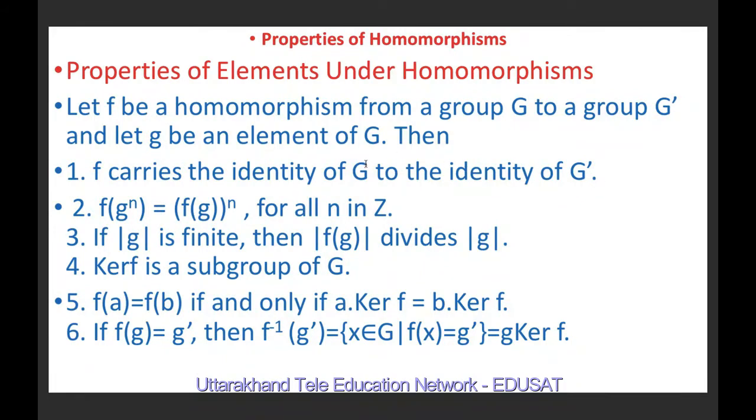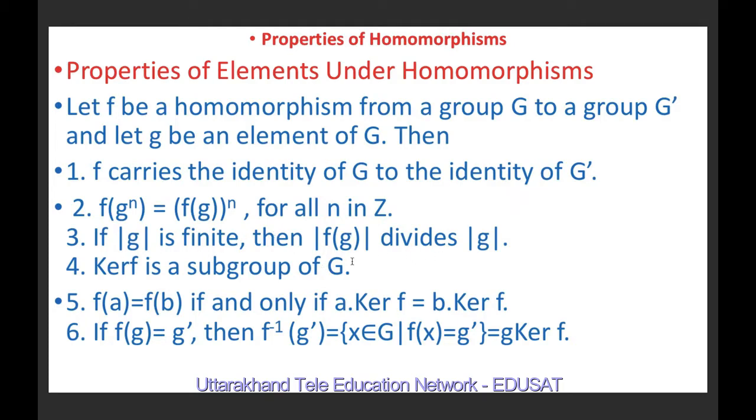So a homomorphism carries the identity of a group G into the identity of G dash. Secondly, if g belongs to G, then f of g raised to n is equal to f of g raised to n for all n in Z. Third property is if the order of g is finite, then the order of f(g) divides the order of g.